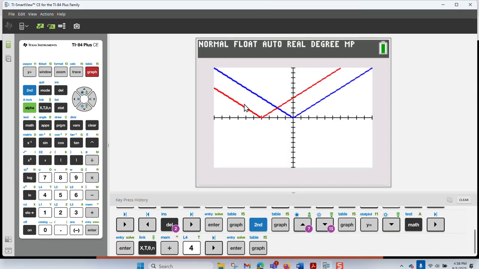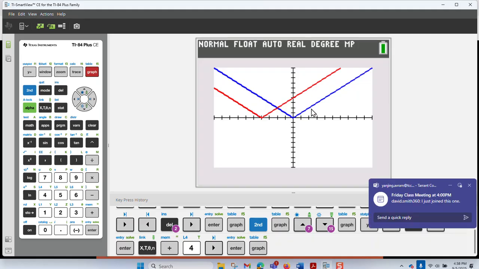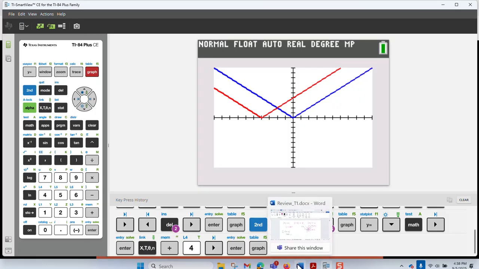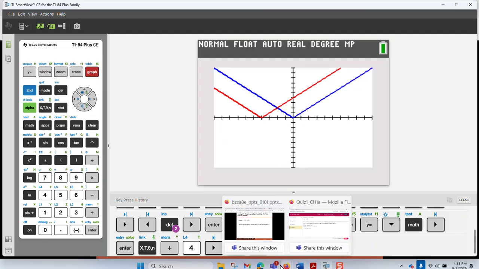So this one, x plus 4, is the red one, right? So that means, look at this vertex. It moves to the left for 4 units. So these two graphs are actually the same graph. It's just moving to the left for 4 units in here. Okay, so that is how you do this type of graphing.